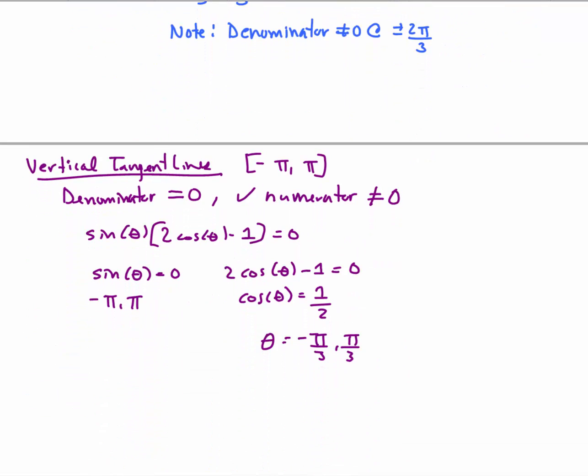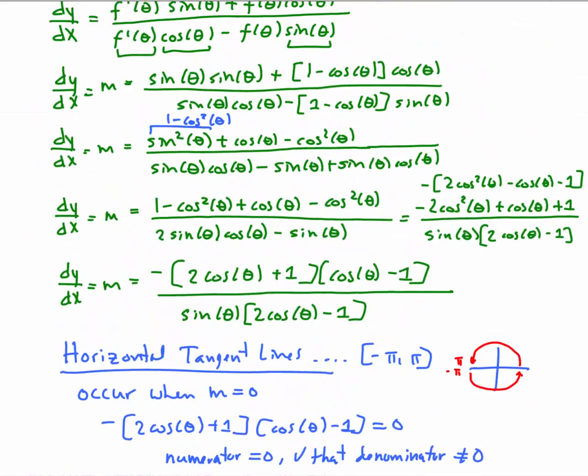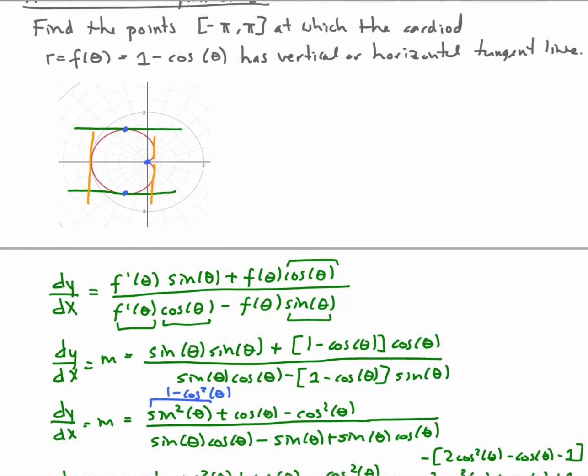So I have vertical tangent lines at negative pi and positive pi, negative pi over 3 and positive pi over 3. So let's have a look. So negative pi and positive pi. Here, if we look across to here for our radians, this would be a negative pi and a positive pi, because as I move in this direction it would be a negative pi, in this direction it would be a positive pi.